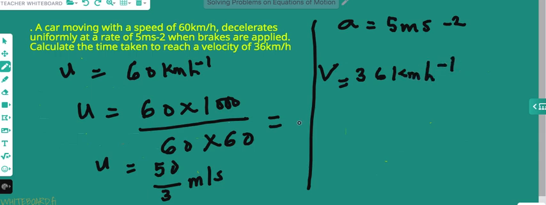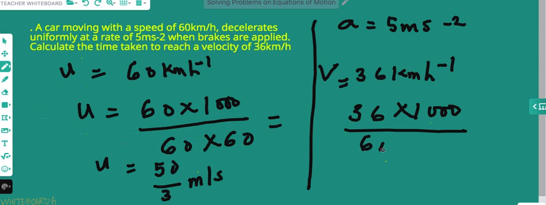That one too we have to convert to meters per second. That will be 36 multiplied by 1000 for kilometers, divided by hour to minute, minute to second. If you cancel, our answer is 10 meters per second.